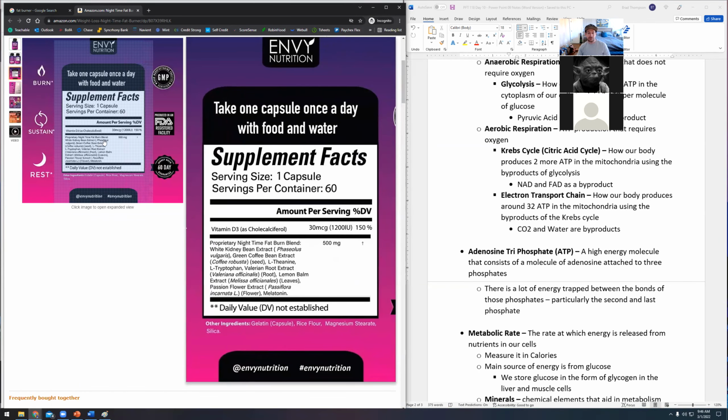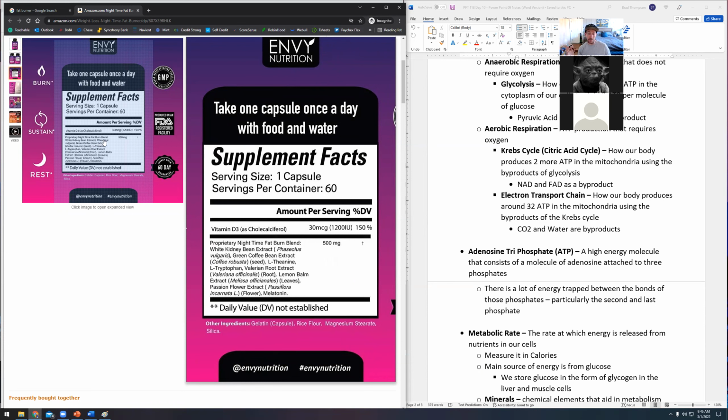Okay, first off, it's got vitamin D in it, right? Vitamin D doesn't necessarily increase your metabolism, so that doesn't have anything to do with what they're claiming here. Next they've got a proprietary nighttime fat burn blend. Okay, what the heck does that mean? White kidney bean extract, I don't know what that is.